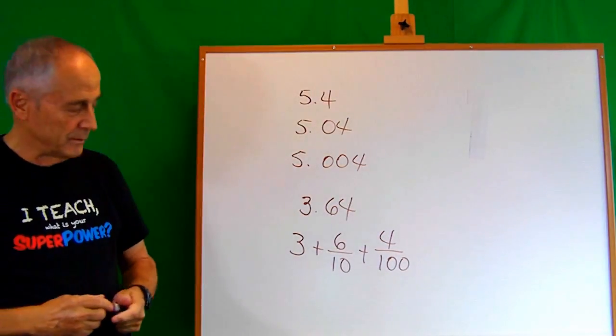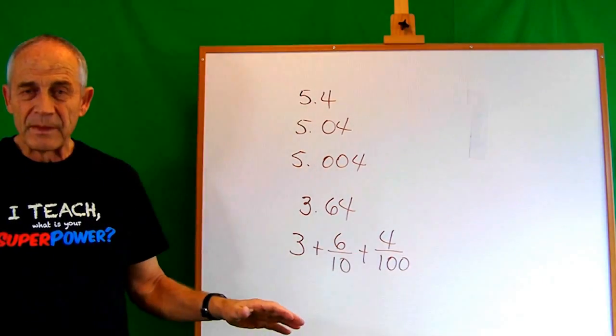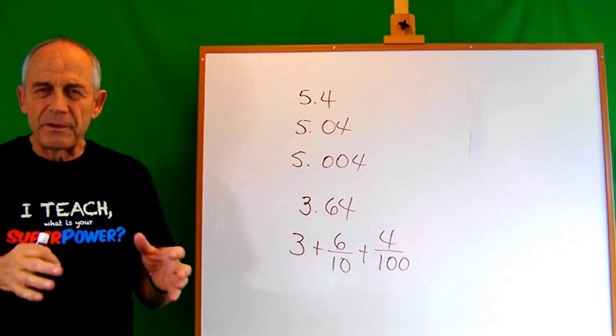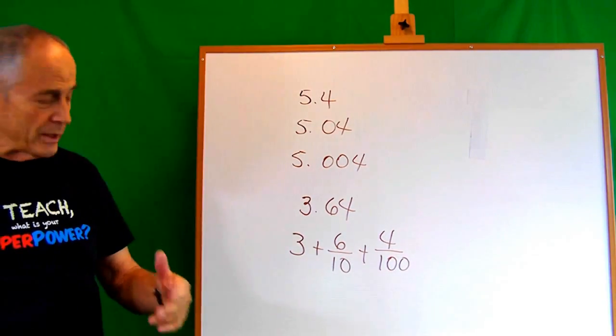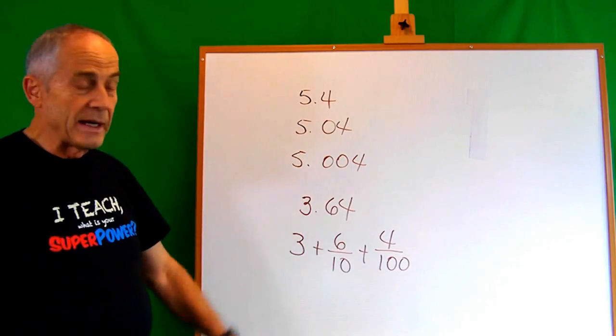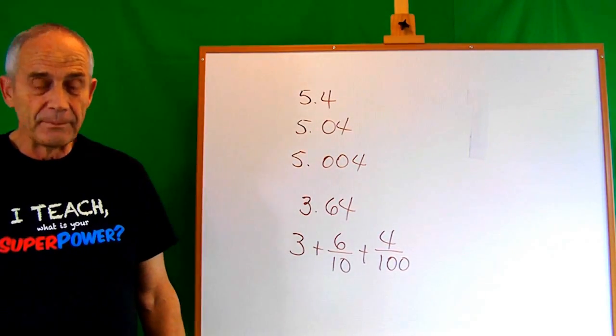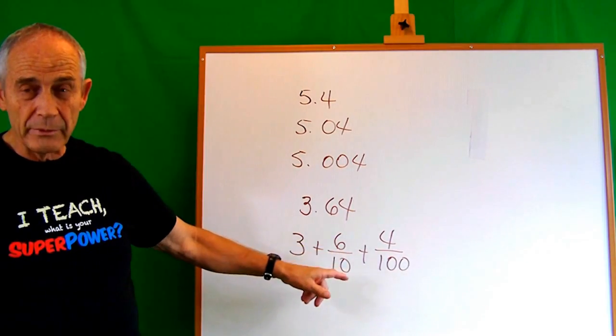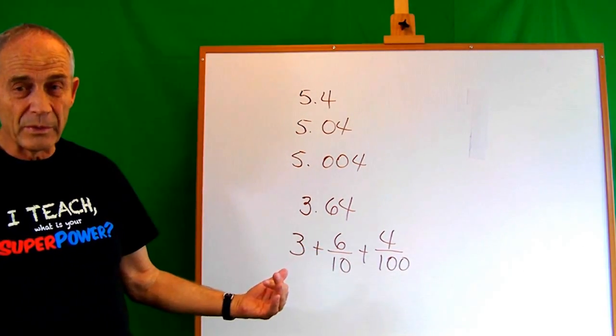Remember how we did it? You see that that would be the case? Okay, now we've got some fractions here, and we want to simplify this, make it as simple as we can, and we can do that if we add these fractions together. Unfortunately, right now we can't add them because they're not the same. So we look for a number that 100 and 10 will both go into.